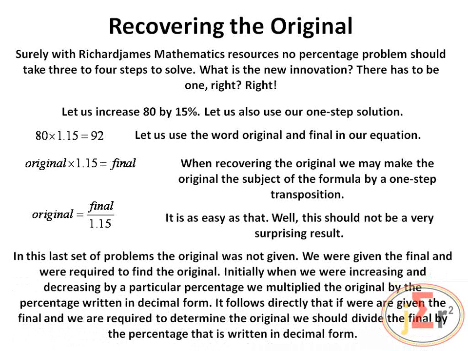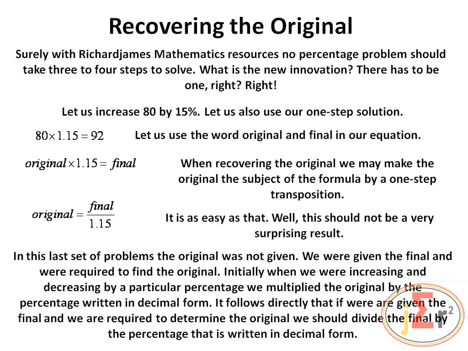In this last set of problems, the original was not given. We were given the final and were required to find the original. Initially, when we were increasing and decreasing by a particular percentage, we multiplied the original by the percentage written in decimal form.